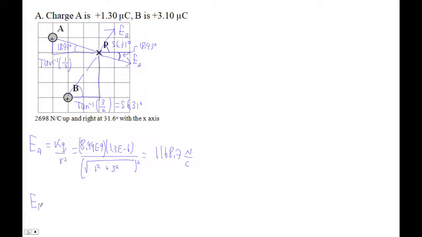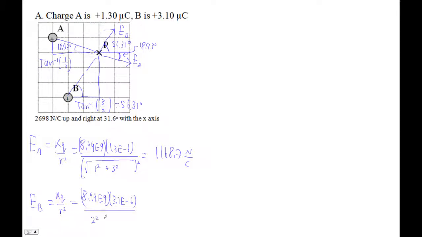at P, right? This is just the magnitude, right? So it's the same thing, KQ over R squared. Okay, and then that's 8.99 E9 times, and let's see, B is 3.1. Dyslexics beware. E minus 6. Okay, so 1.3 and 3.1. Did we get it right? Yeah, we did. Okay, good. Okay, and then we are 2 over and 3 up.